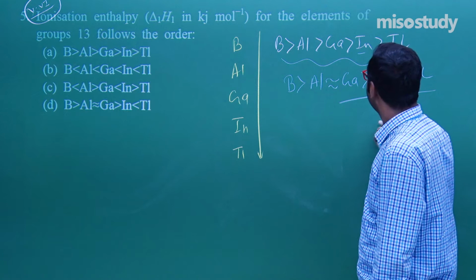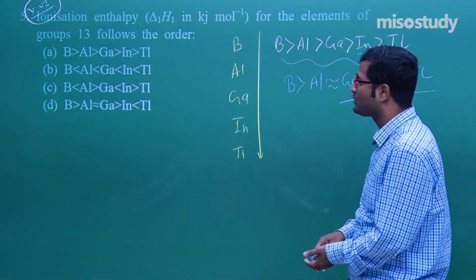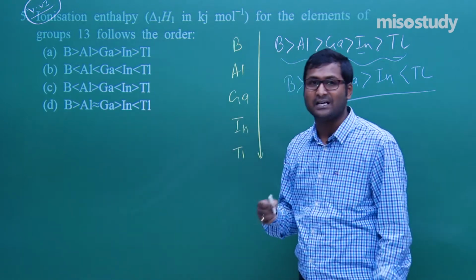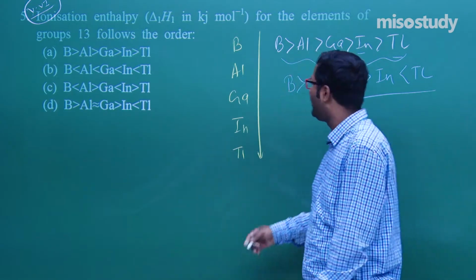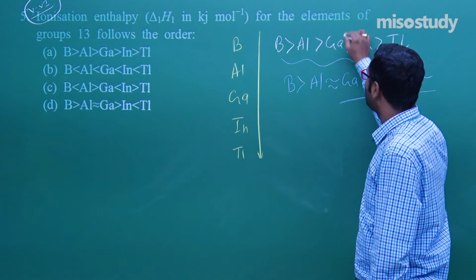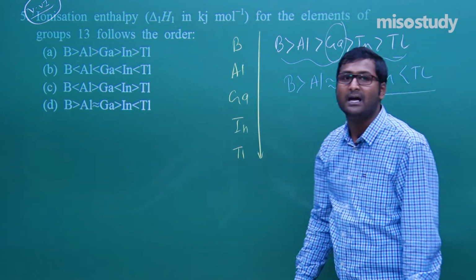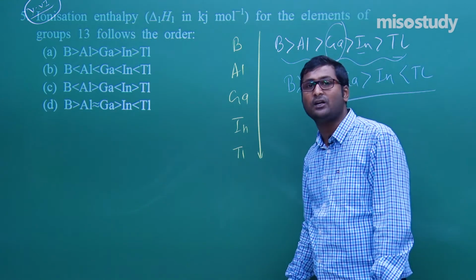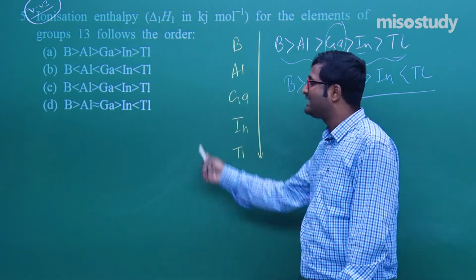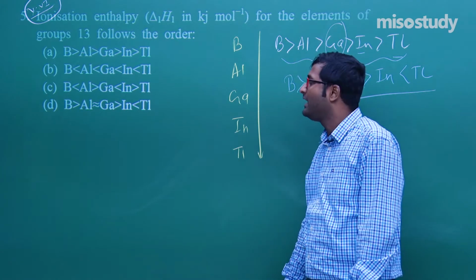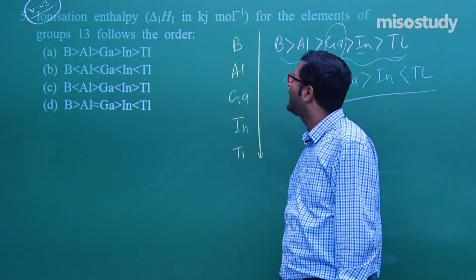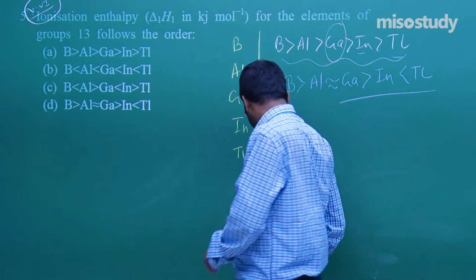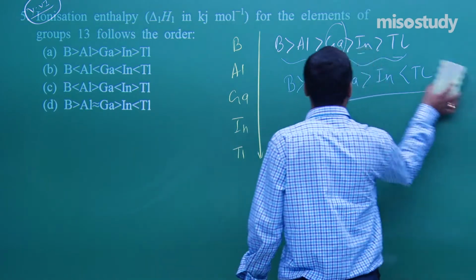So be careful when solving such questions. As I discussed, there is involvement of d and f blocks. When we move from aluminium to gallium, there is an involvement of d block. For indium and thallium, there is an involvement of f block. Due to this reason, there is slight anomalous behavior in the ionization enthalpy of group 13 elements. Clear? Now I'm going to rub this part, friend, and we'll discuss the next question.